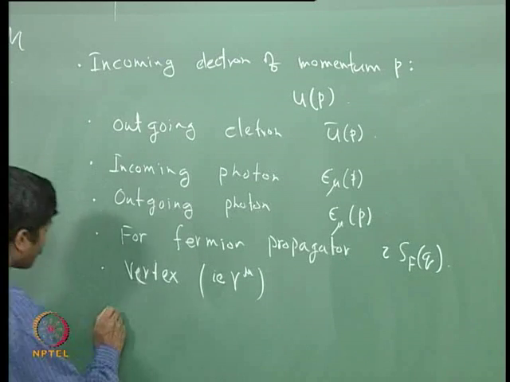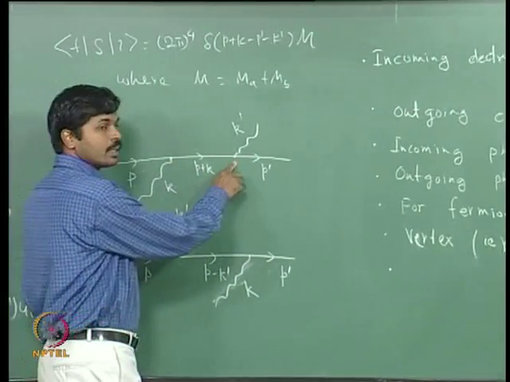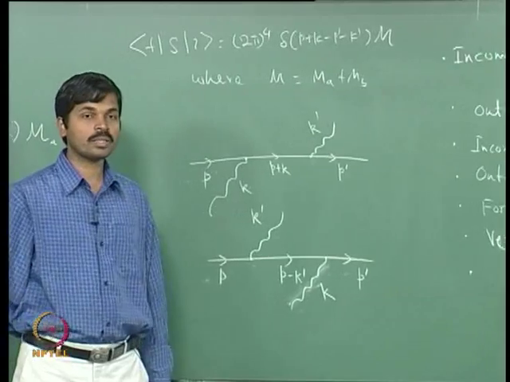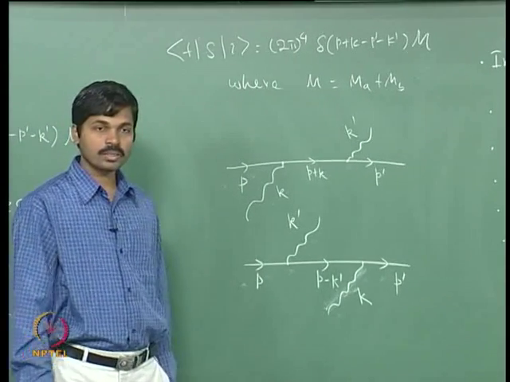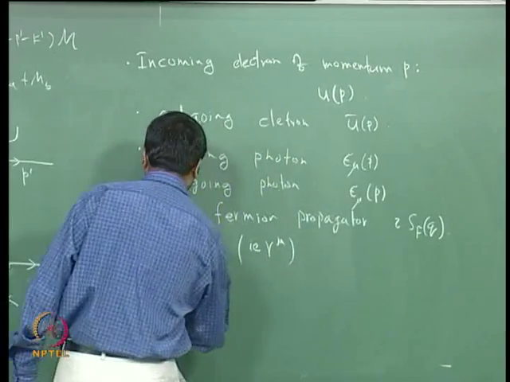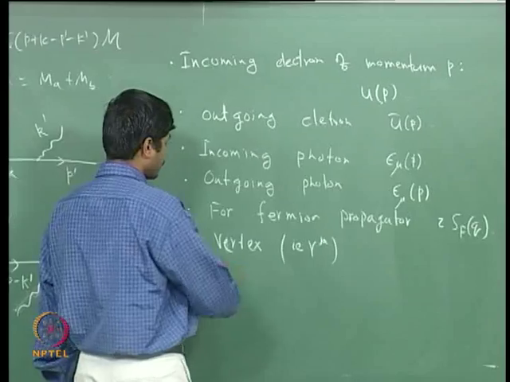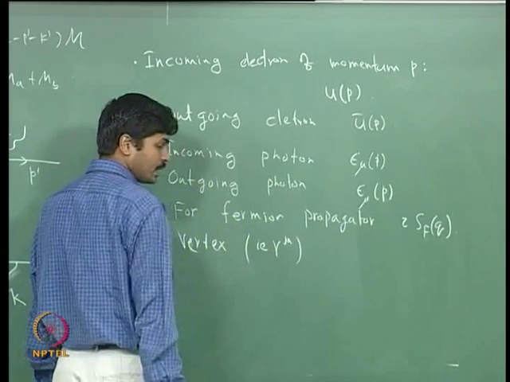What is left is, suppose you have a process where instead of a fermion propagator you have a photon propagator. Okay. So then you simply replace this i S_F of q by, I will represent the photon propagator as D_F.